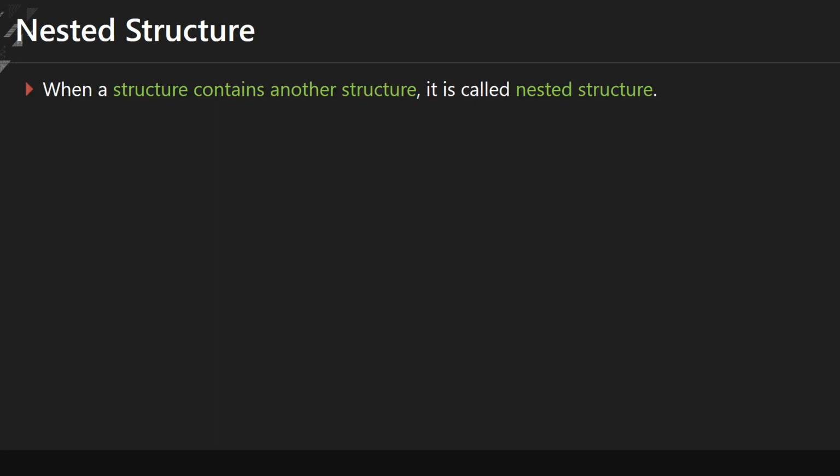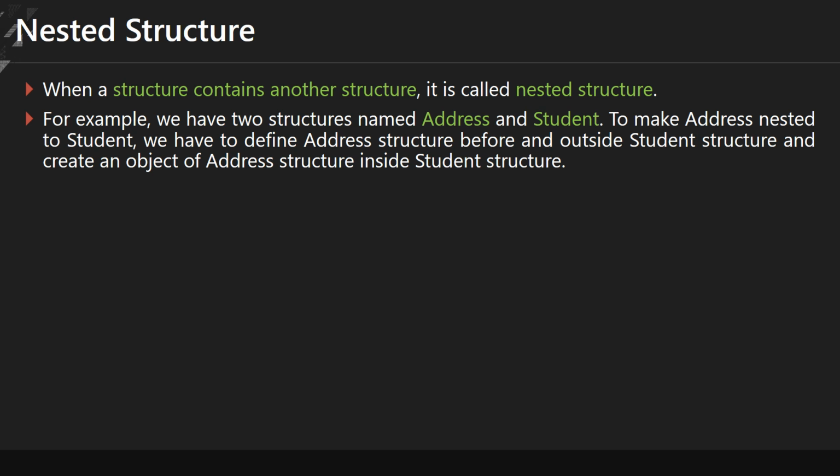How to use the nested structure? When a structure contains another structure, it is called a nested structure. For example, we have two structures named address and student.